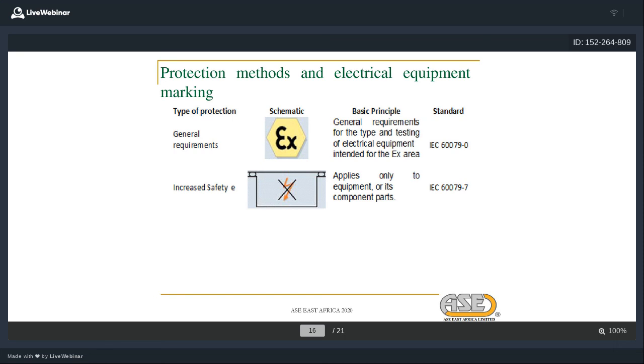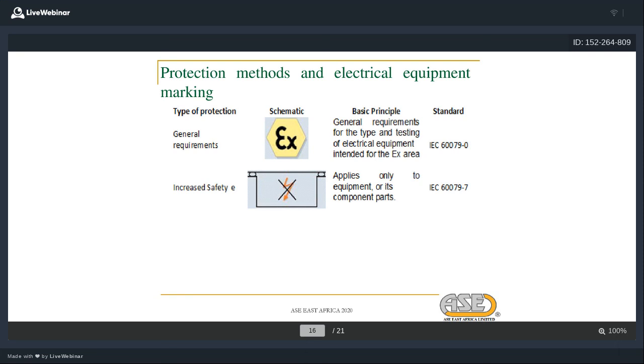We have the type of protection, the basic principles, and which standard applies. For example, general requirements: this IEC 60079-0 tells us the minimum required standard for the device used in our industries. We have increased safety.